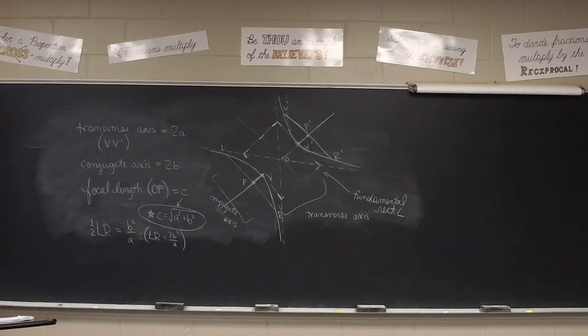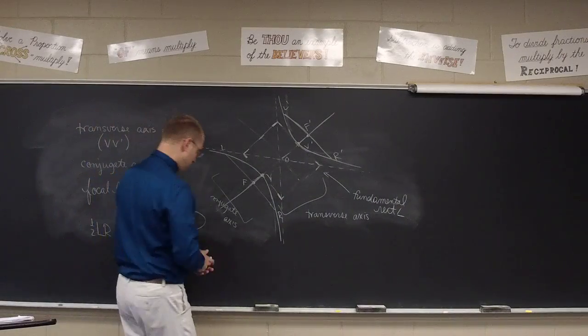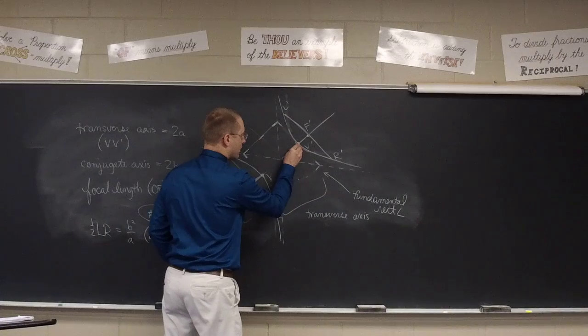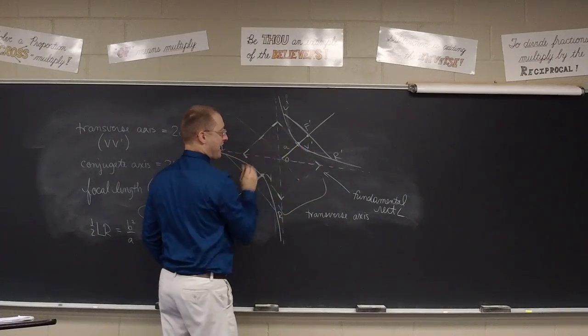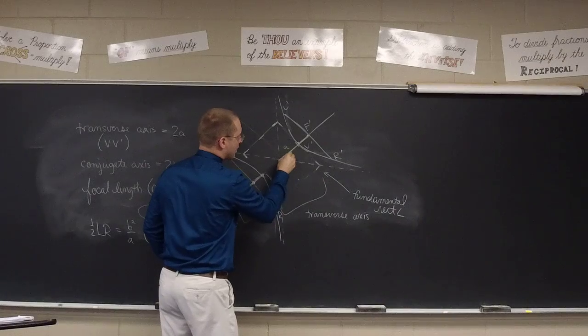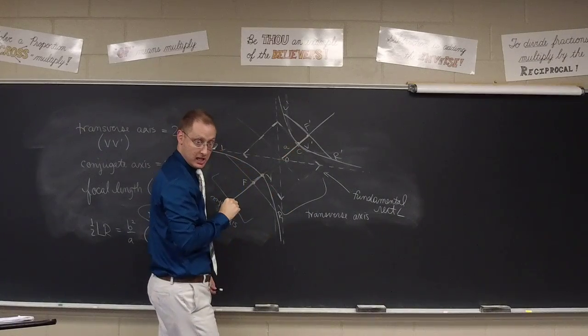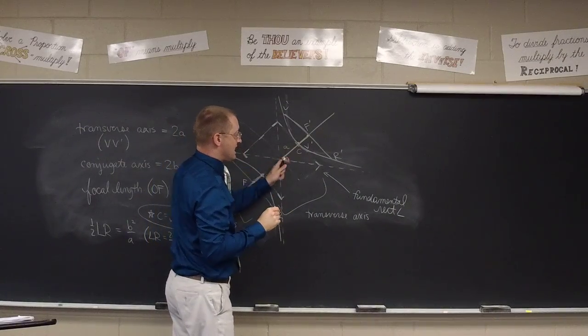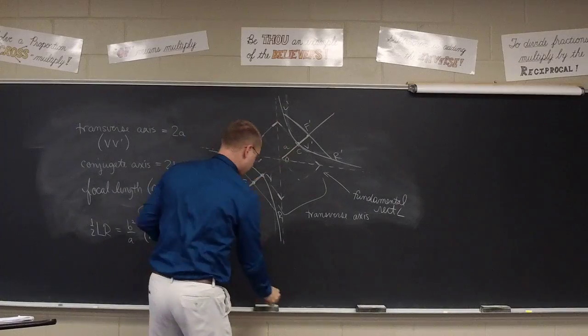That's the same formula we had before for the ellipse, and that's pretty easy. Now here's the big difference. That's A. That's C. You realize C is bigger than A, correct?